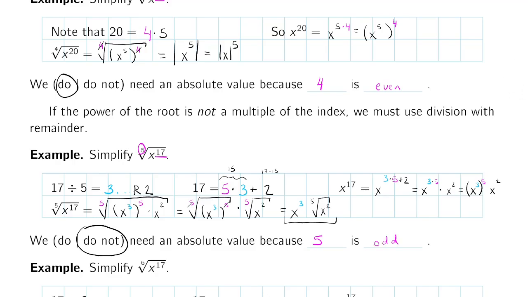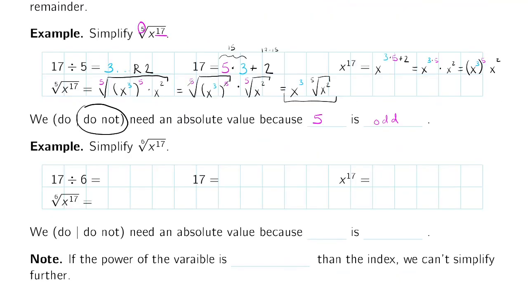Okay, one more example like this. We have the sixth root of x to the 17th. So 17 divided by 6, that's going to be 2 point something. So 17 is 6 times 2. That works out to 12. And what's left then is a 5. That's 17 minus 12.